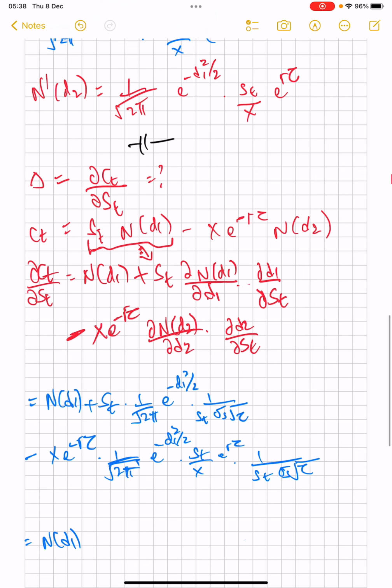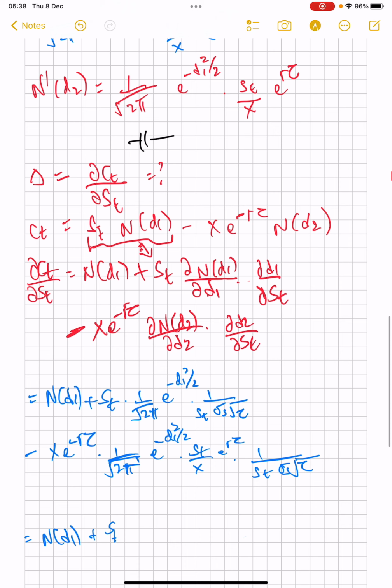Okay, I have plus St, 1 over root 2 pi, tau, St, sigma root T, d1 square over 2 minus, so this X gets cancelled out, the exponential cancels out.